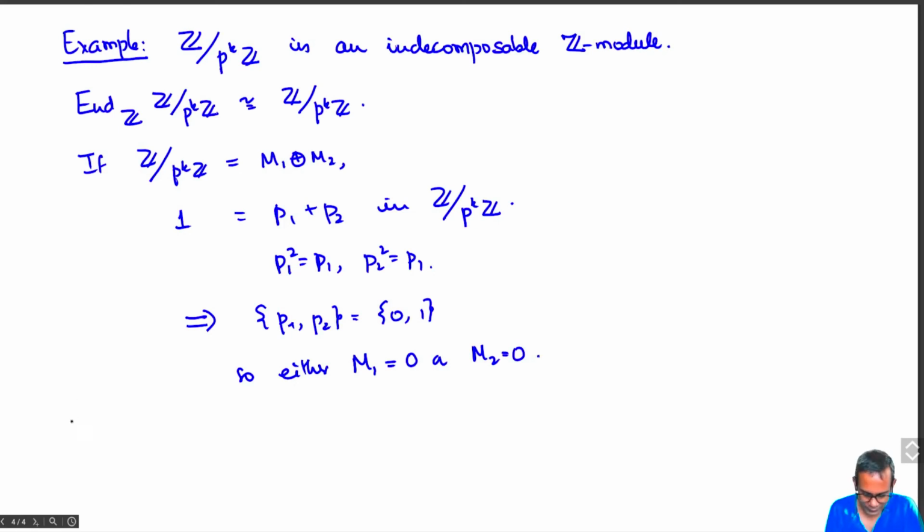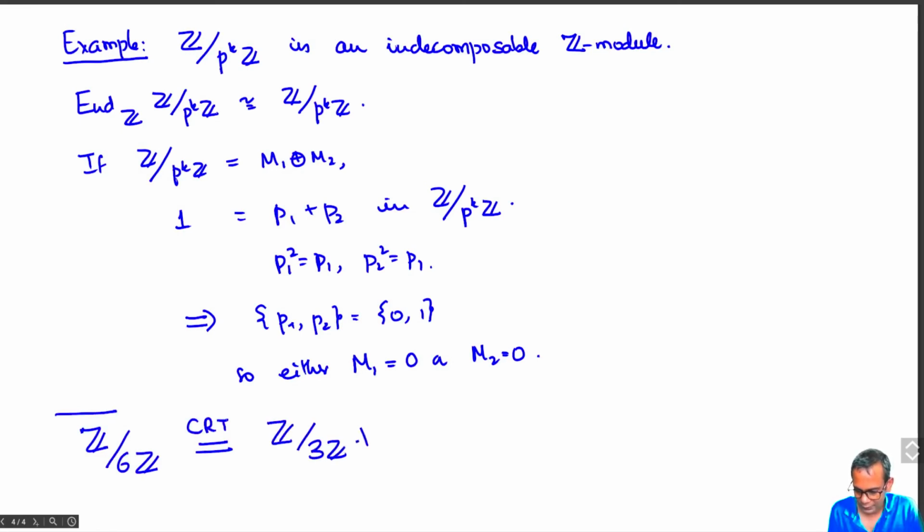However, if you take, for example, Z mod 6Z, then this, by the Chinese remainder theorem, is isomorphic to Z mod 3Z direct sum Z mod 2Z as a Z-module, and therefore it is not indecomposable.